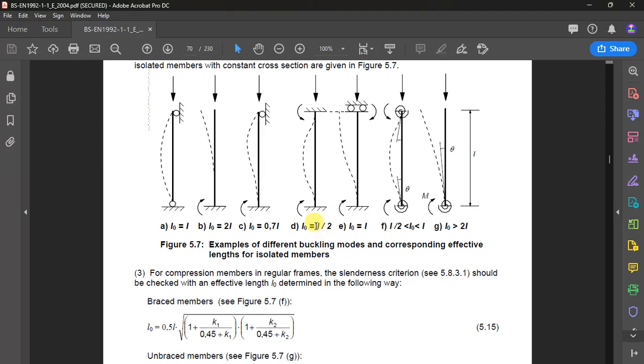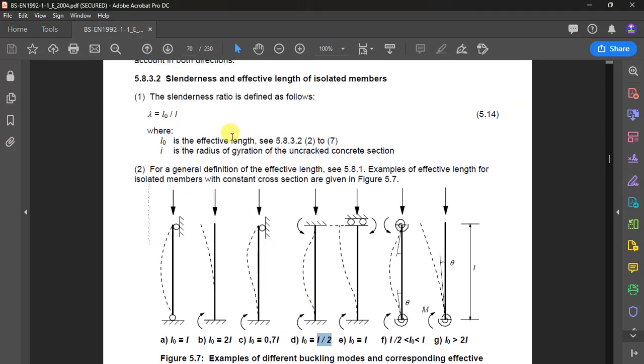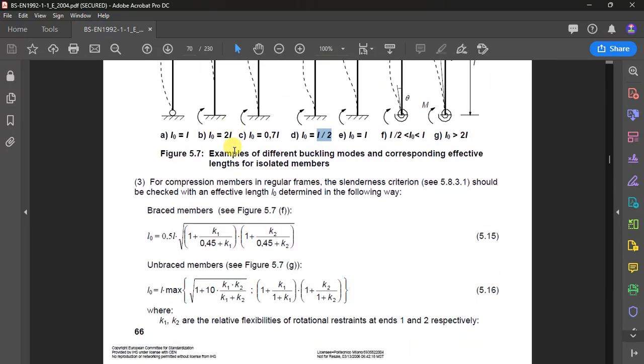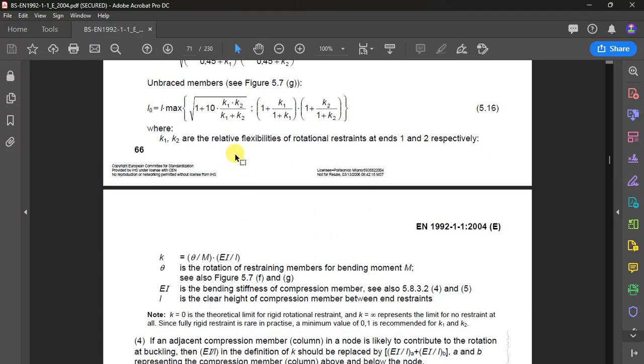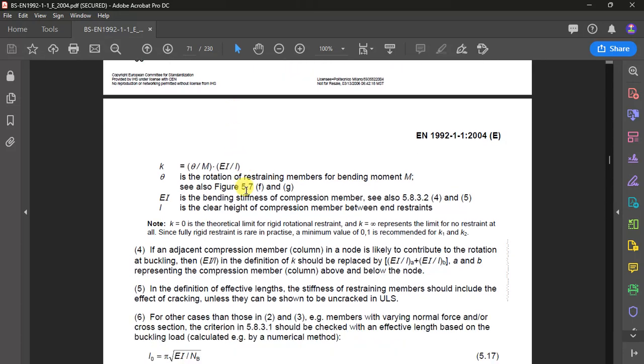So our total length, what was our floor height? 3.2? Yeah, 3.2. So 3.2 divided by 2 is 1.6. So we can enter that one.